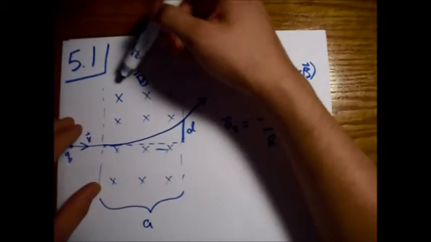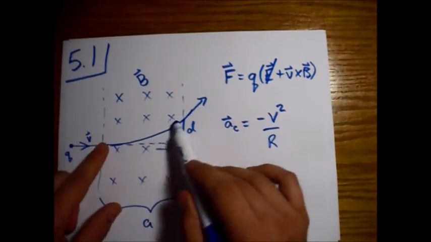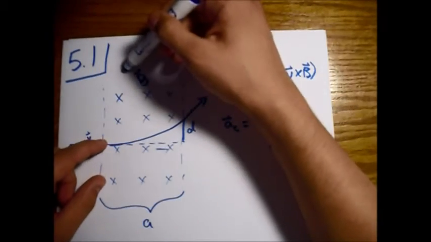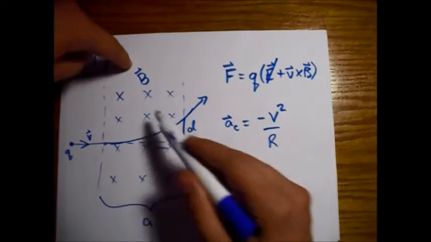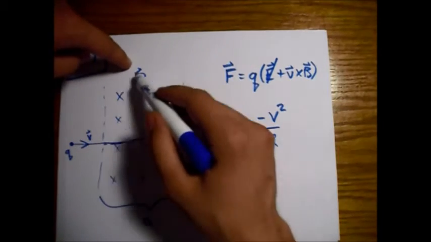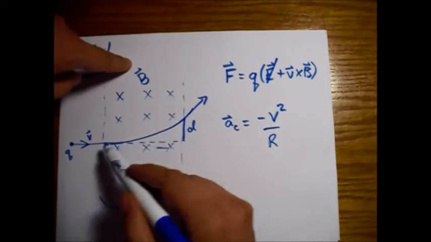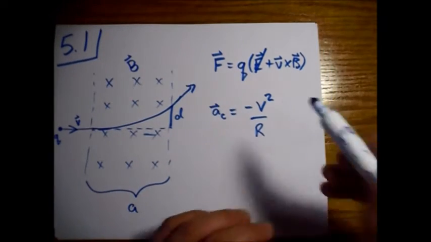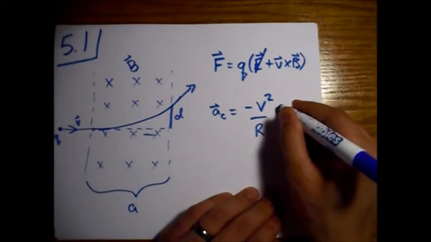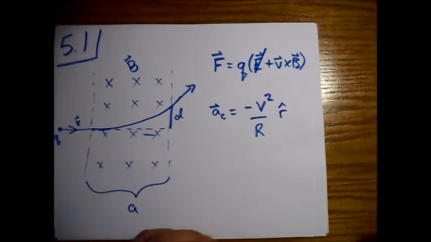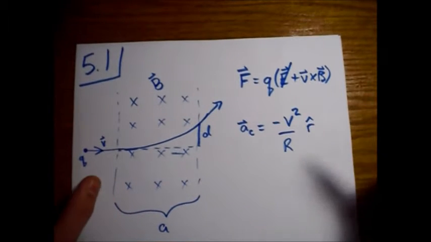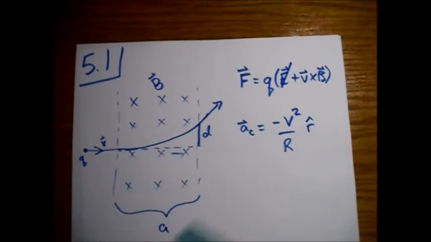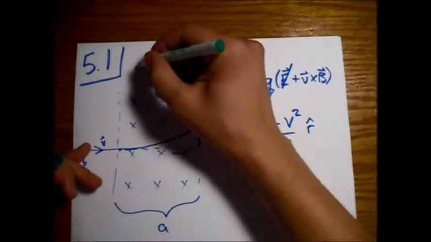So imagine if we were to look at the center of this arc, where would that be? The center would be around here, and so the radius would be the distance to that point if we were to draw the complete circle. And this is in the r hat direction. Maybe in a different color, I'll draw this out a little bit.